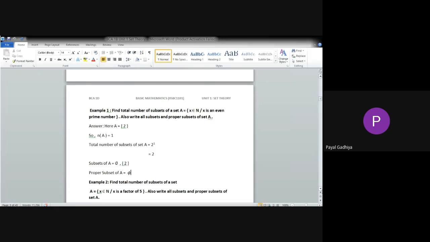Okay, so your set A will be {1, 5}. Find the total number of subsets of a set. We have the formula 2 raised to n. So how many subsets will we get?